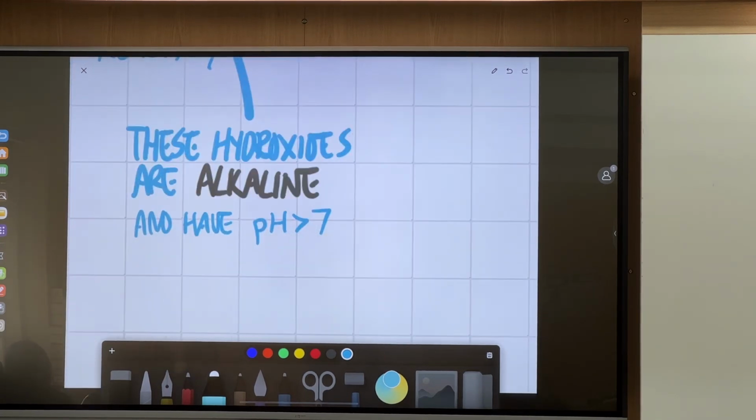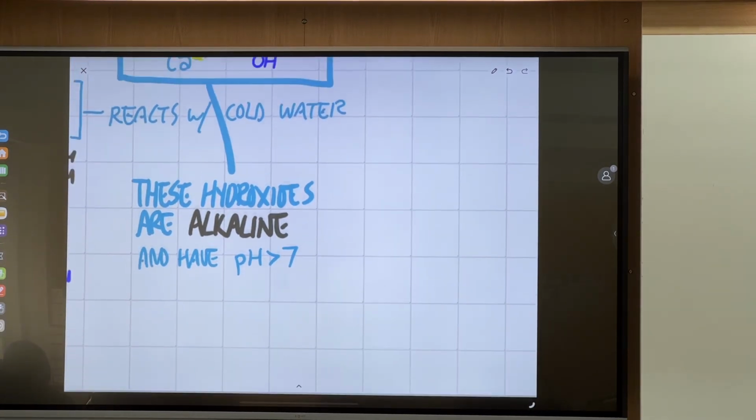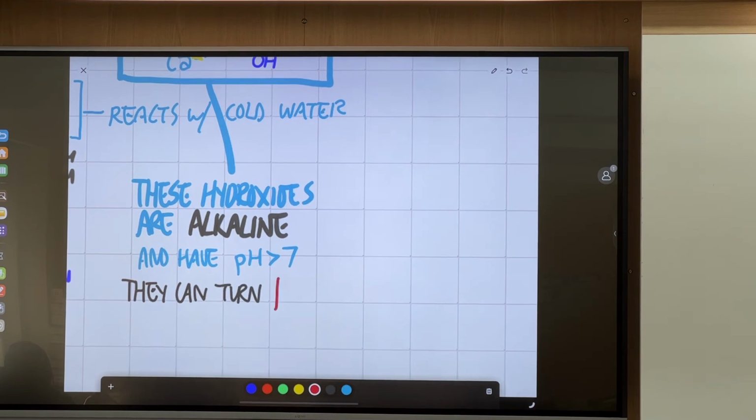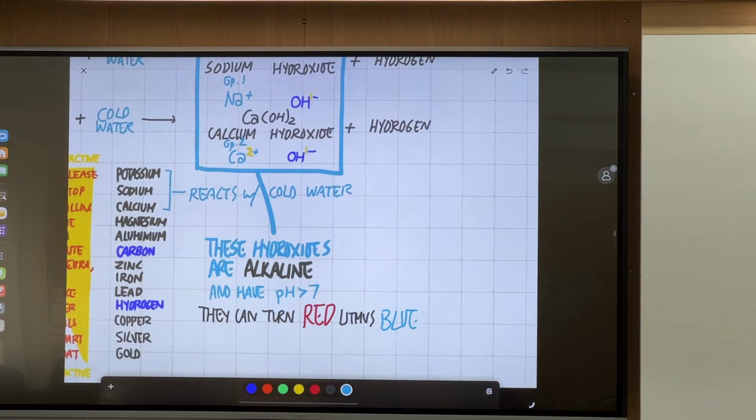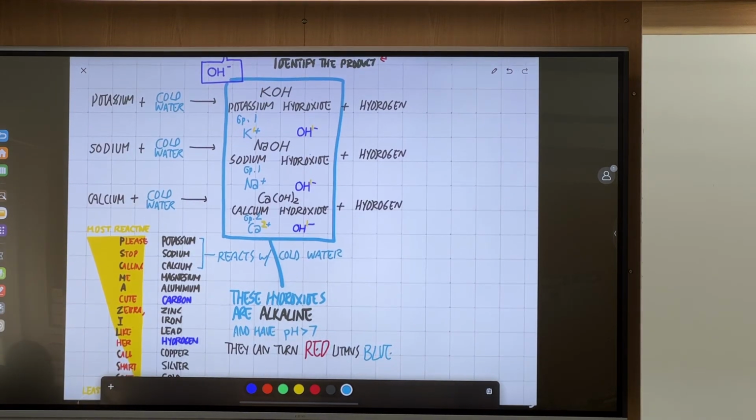So put this down: they can turn red litmus blue. So this is something special about the first product, hydroxide.